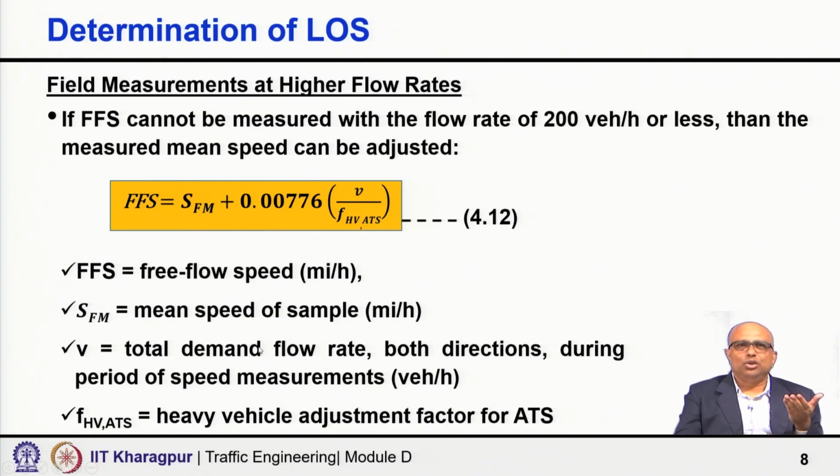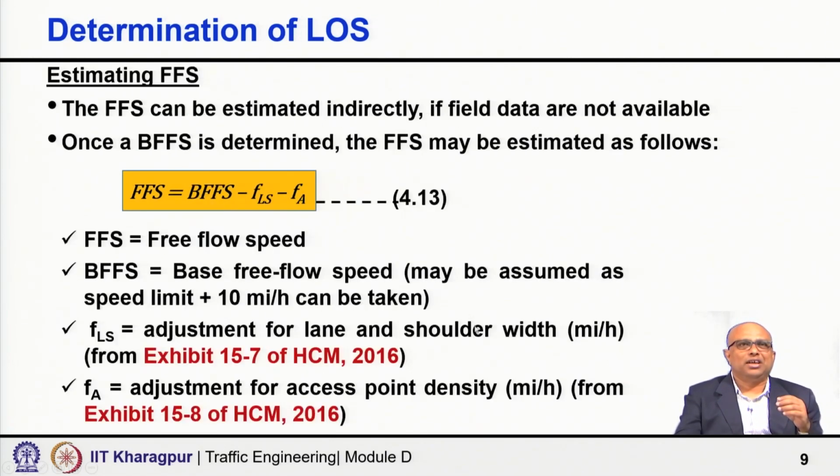V is the two-way traffic volume and f_HV,ATS is basically the correction in that volume for heavy vehicles, and this will be done as the corrections I shall explain in the subsequent slide for the calculation of average travel speed. The same correction will be applied here.